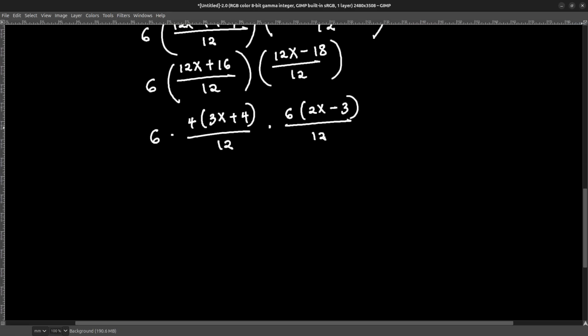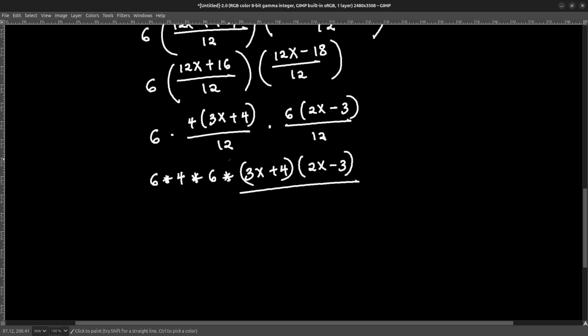So now you see, this is the same thing as saying 6 times this 4 times this other 6, and then of course we have times 3x plus 4, and then 2x minus 3, and all of this is over 12 times 12, right?